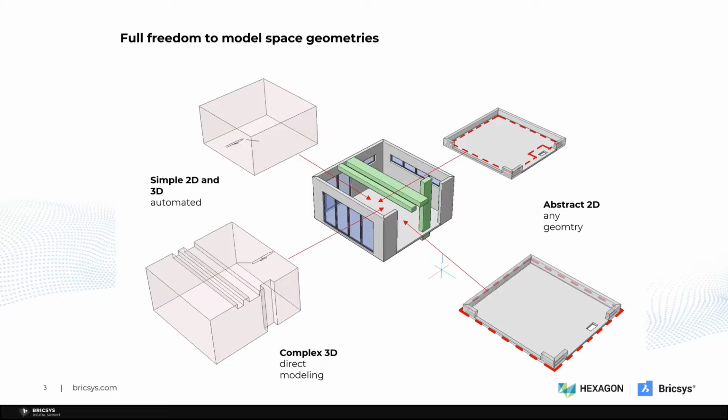And then there are abstract representations which are used for standard-specific calculations, such as the area calculation for office buildings used in the United States, also known as the BOMA standard. So here we can use 3D volumes or 2D abstract shapes to represent our building spaces, and they can all be combined and live together in the BIM model.